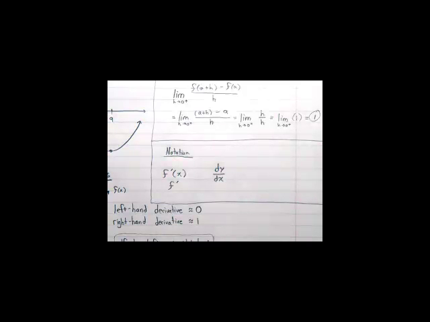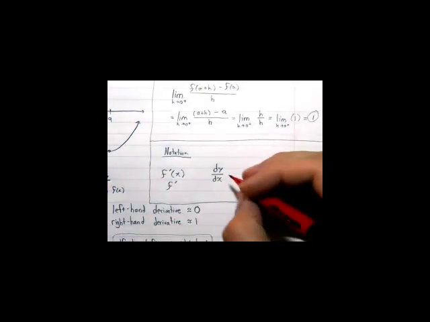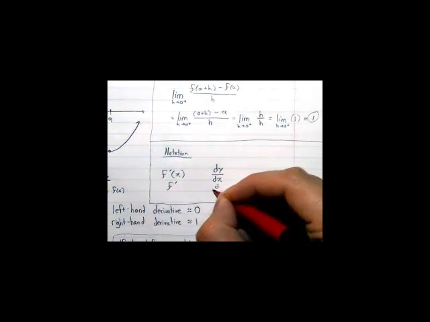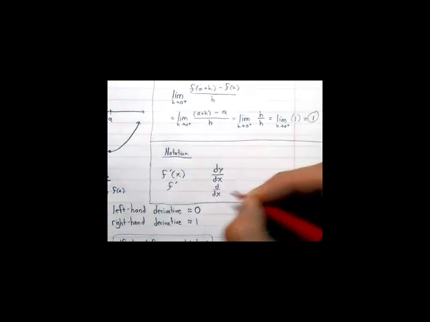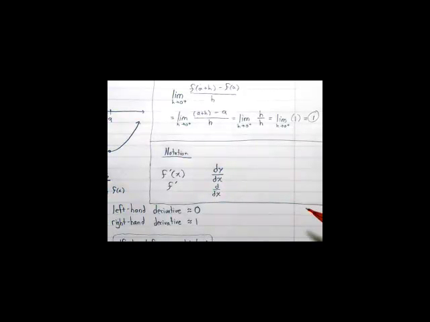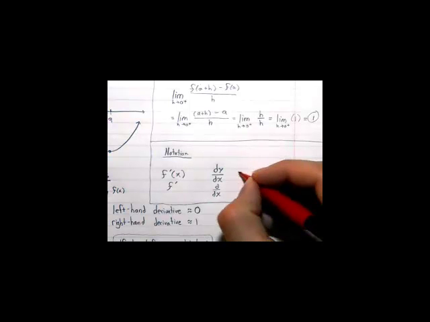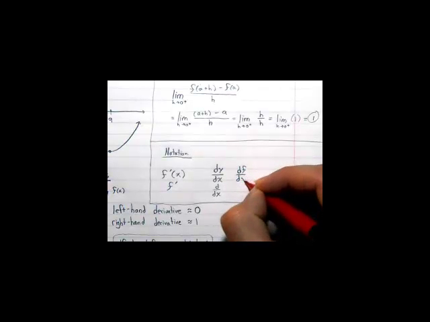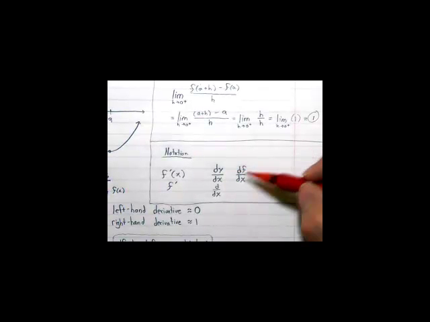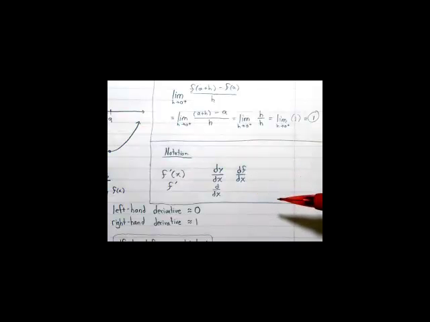Another way that he does his notation, depending on what you're doing, you might see it just simply written as d dx. Okay, so dy dx or d dx. Another way that he did it would be like df dx. So instead of talking about y and x, it's the function versus x.